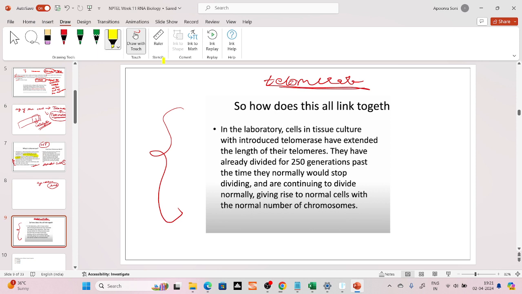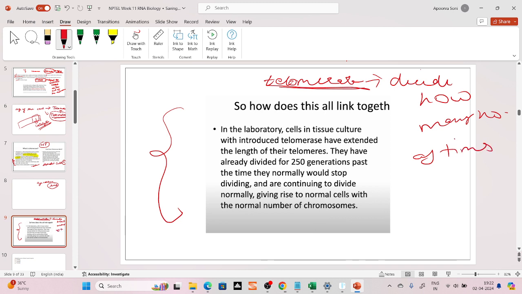Telomerase is the enzyme which adds telomeres at the end of the chromosome, and telomeres decide how many times a cell can divide.